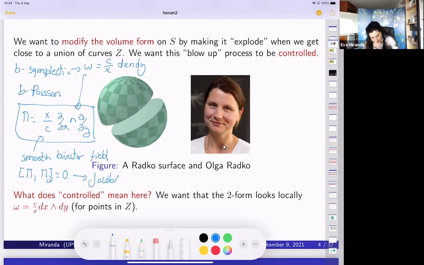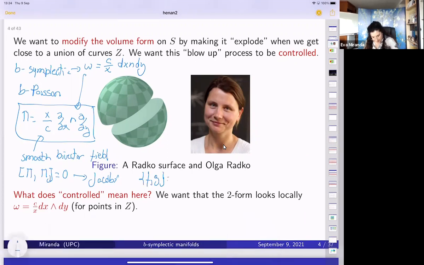I can associate a bracket of functions. In this particular case, I will do this later, more generally, but just as an example, if I have a couple of functions on the surface, then I just define a bracket.